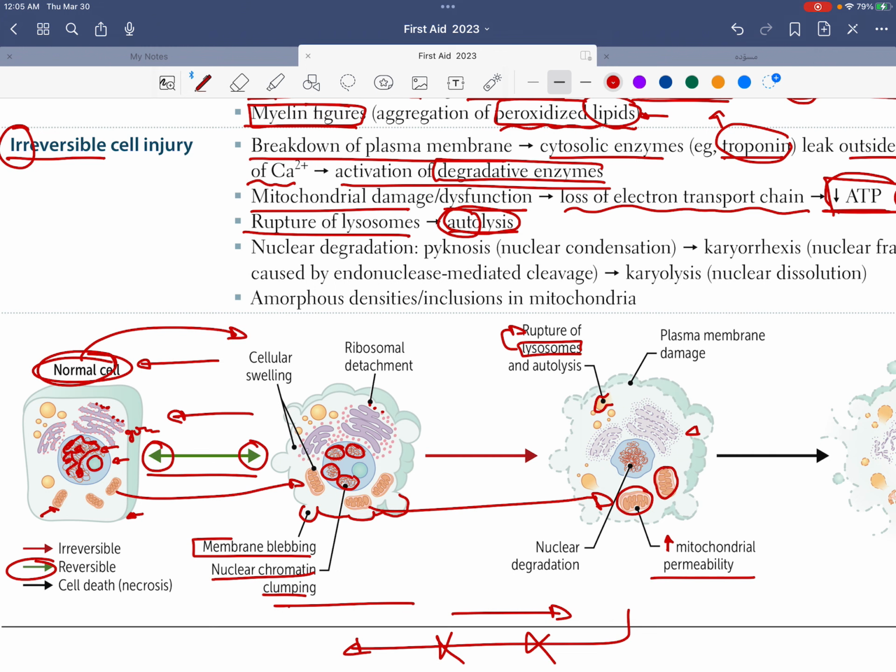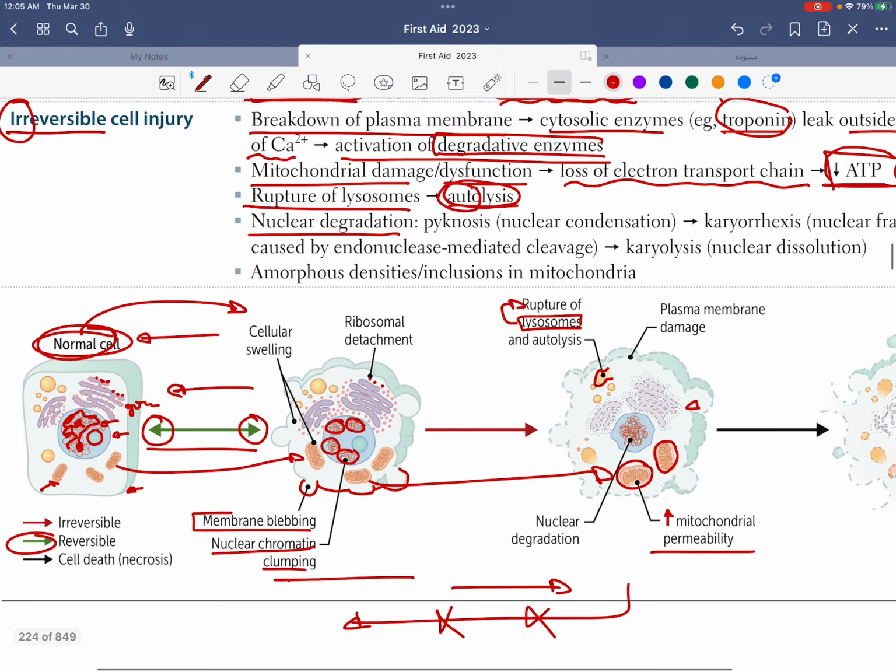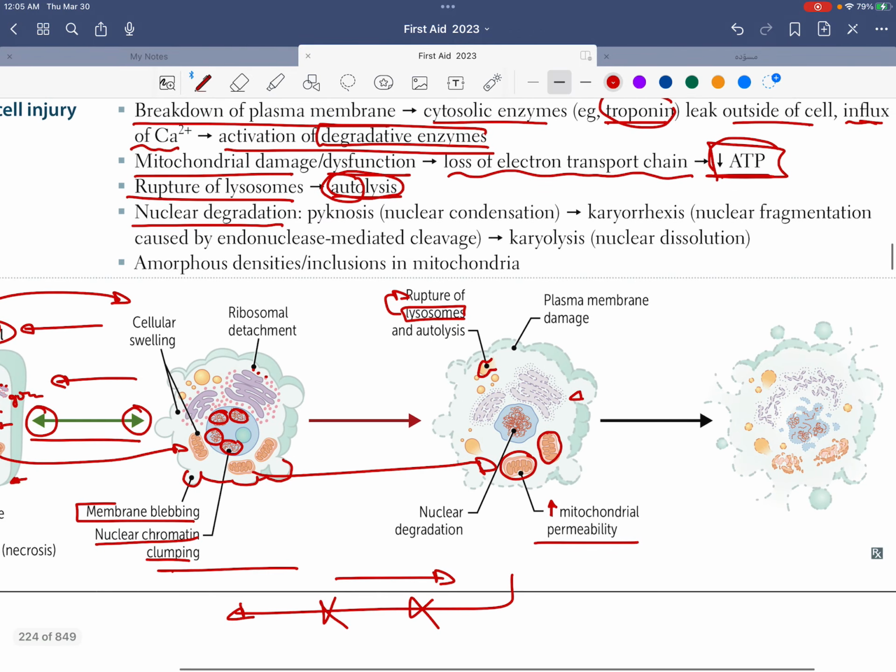One more thing is the nuclear degradation, and it could be on different levels. First of all is pycnosis, which is only nuclear condensation. The nuclear material over here could just condense instead of being in its original state.